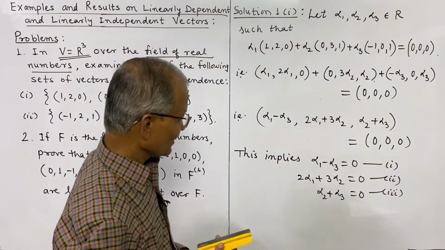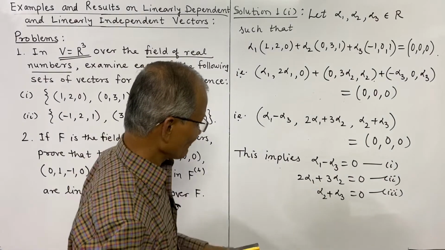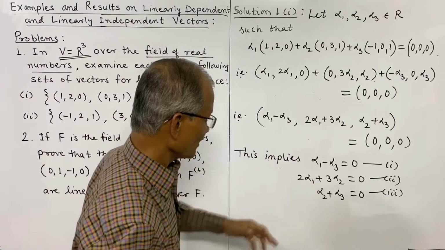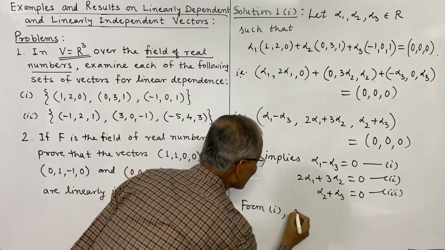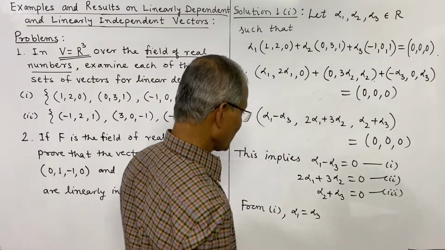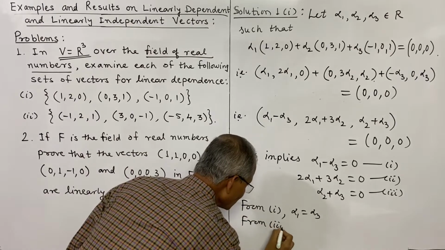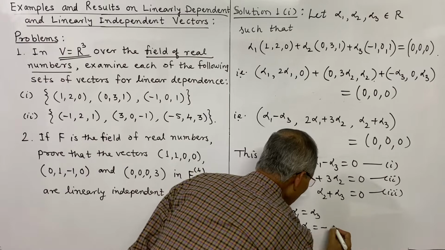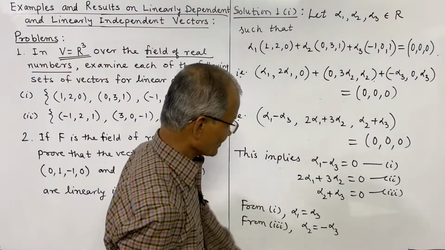The first gives alpha 1 is equal to alpha 3, and from the third, alpha 2 is equal to minus alpha 3.